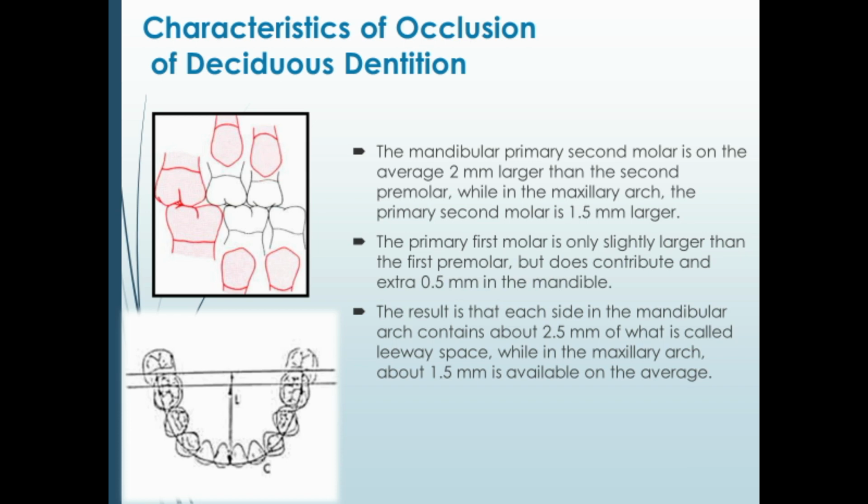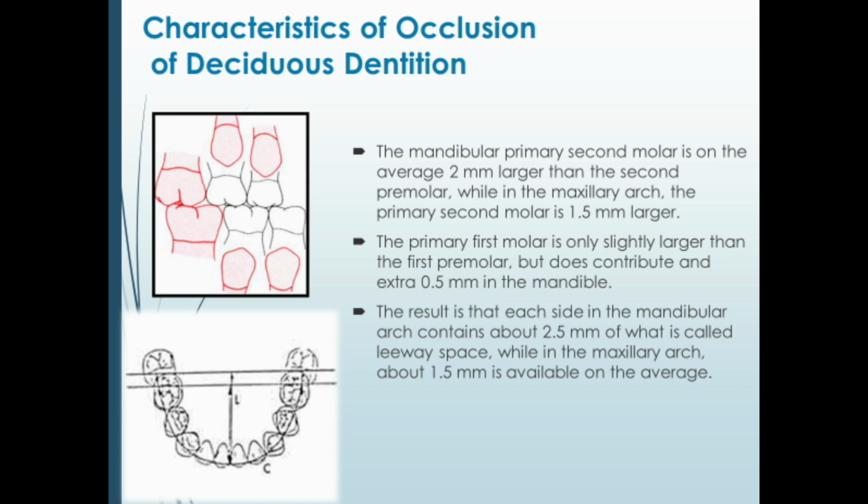The result is that each side in the mandibular arch contains about 2.5 mm of what is called leeway space, while in the maxillary arch about 1.5 mm is available on average. When the second primary molars are lost, the first permanent molars move forward, that means mesially, relatively rapidly, using the leeway space.